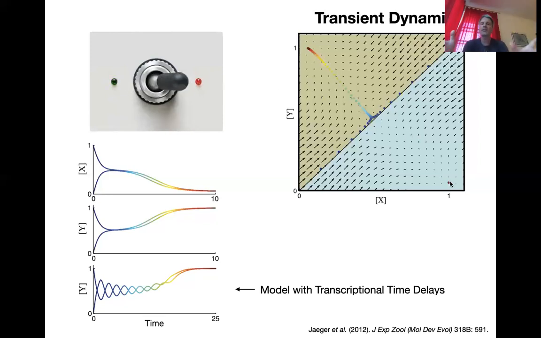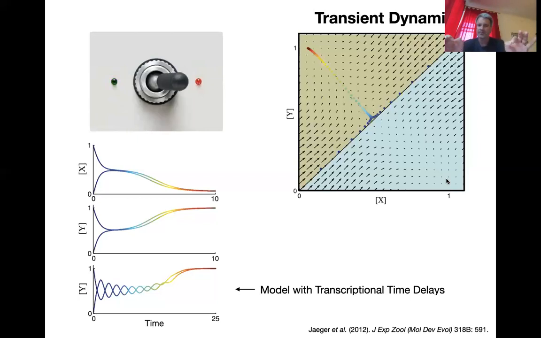Normally, you only get oscillations in systems that have limit cycles or spirals, okay? Pseudo oscillations and spirals, but here you can get transient oscillations, damped oscillations, before the system settles down at fixed points. So again, this is a positive feedback loop, double negative. It's supposed to switch, not oscillate.